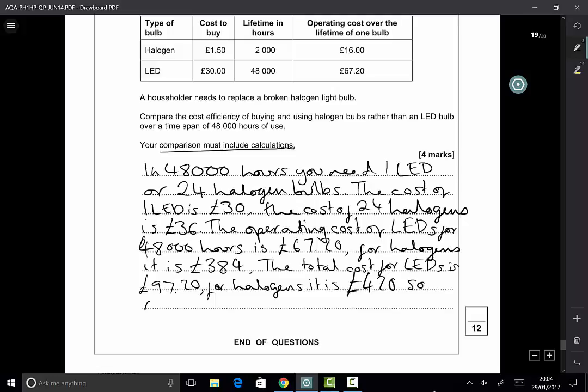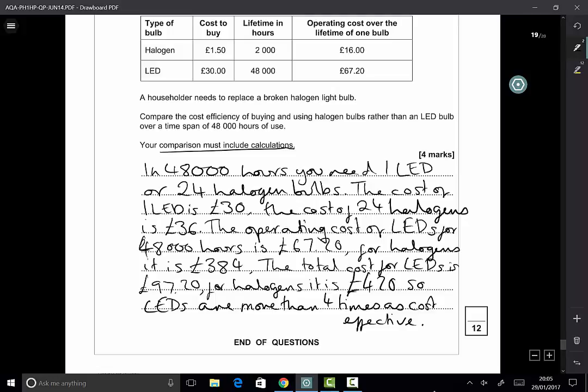So LEDs are, let's see if we can do a division here, 420 divided by 97.2, more than 4 times as cost effective. Okay, so we've done lots of calculation in there, so that's answered that.